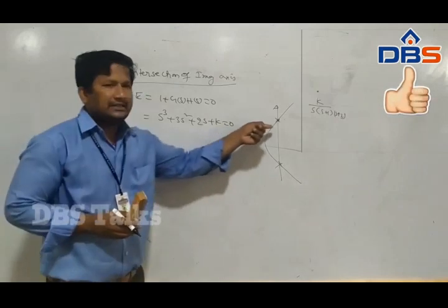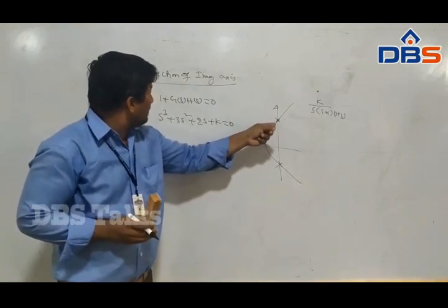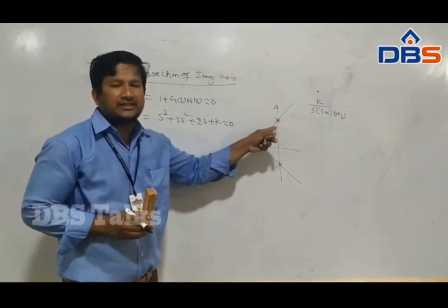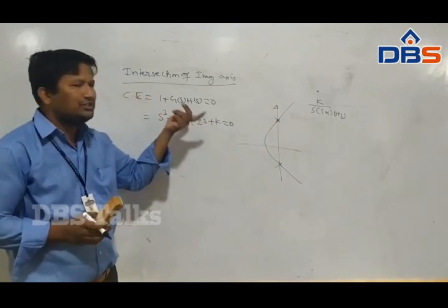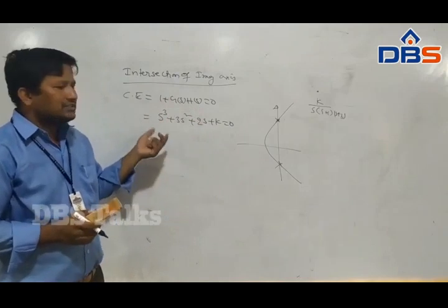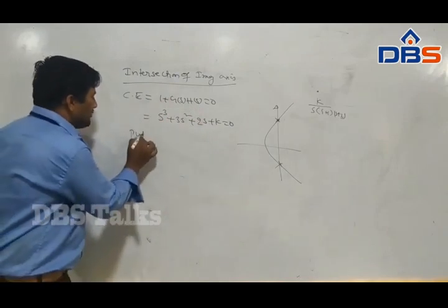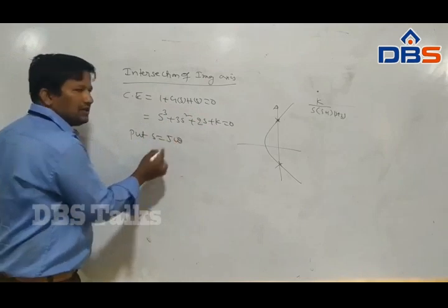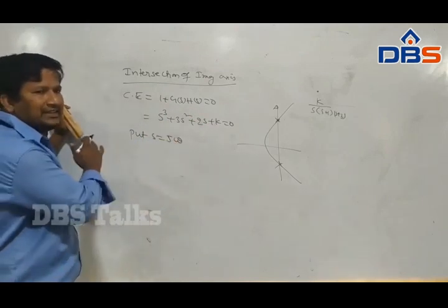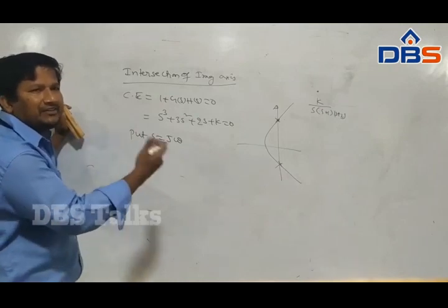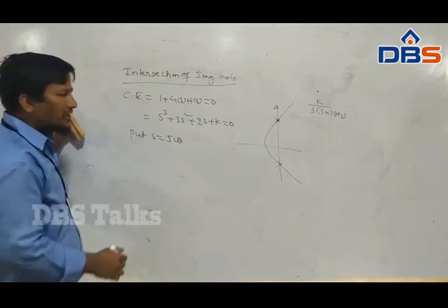To determine the intersection point on the imaginary axis, two methods are there. The first method is to go for the RH criteria and determine the omega value. Otherwise, put s equal to j omega in the characteristic equation, separate the real and imaginary terms, equate them to 0, and determine the omega values.